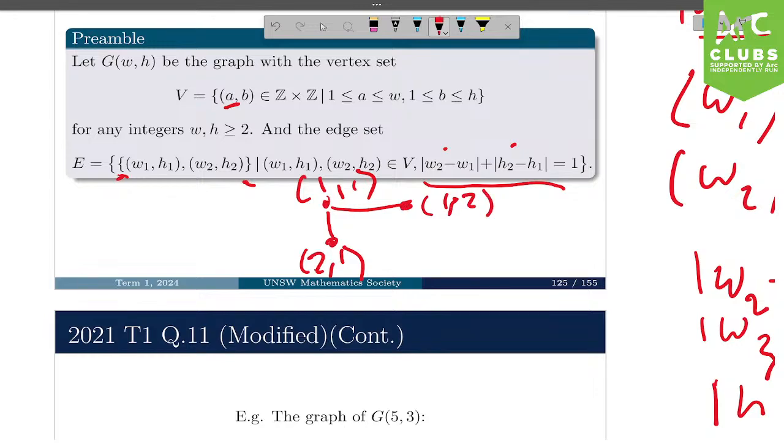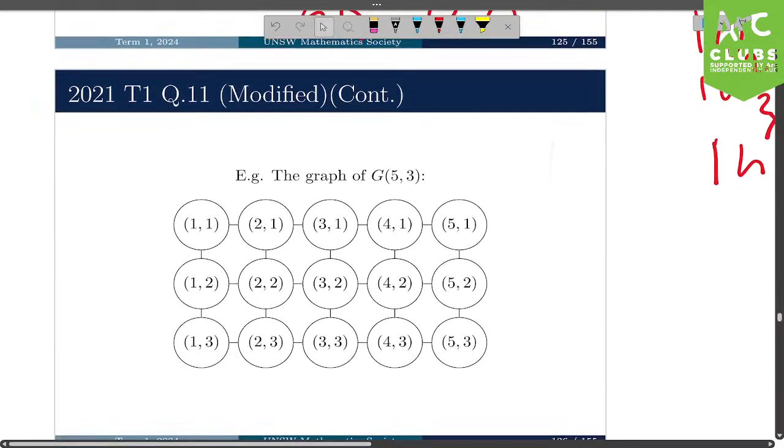Similarly, 1, 2 is only connected to if you step up by 1 or step down by 1, but we can't have 0. So say 2, 2, or 1, 3. Okay? And if you continue on with this construction of the graph, you can actually see that it constructs a grid.